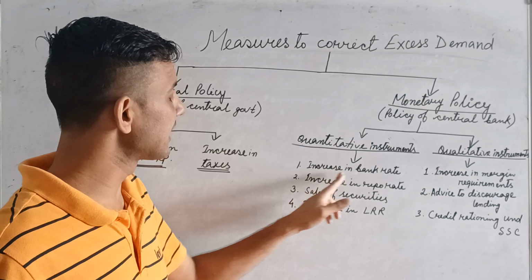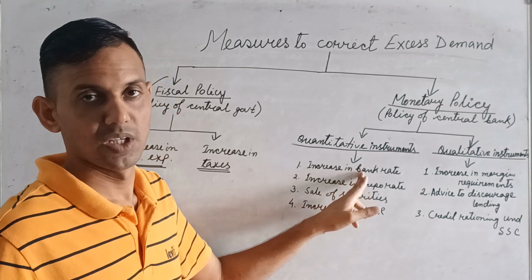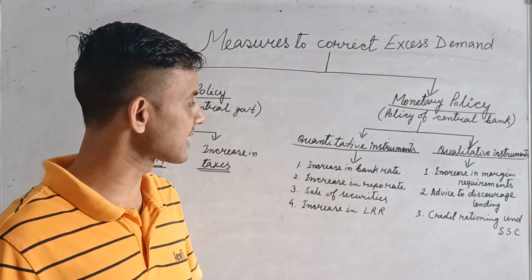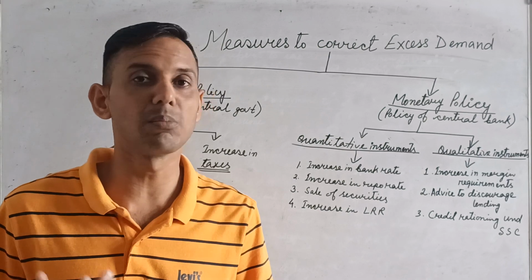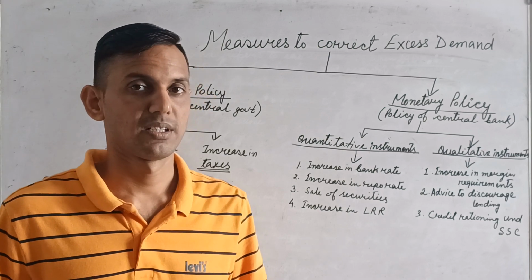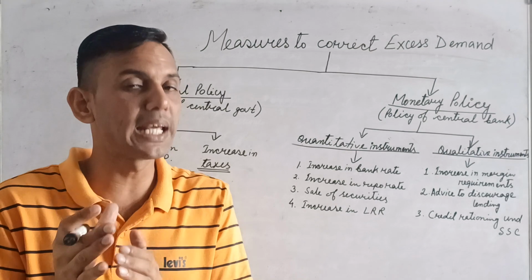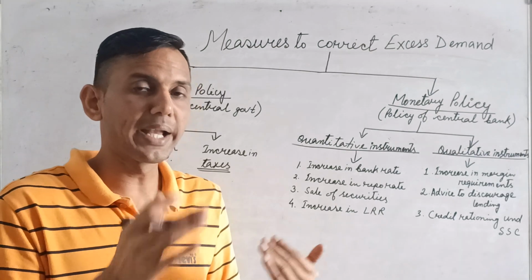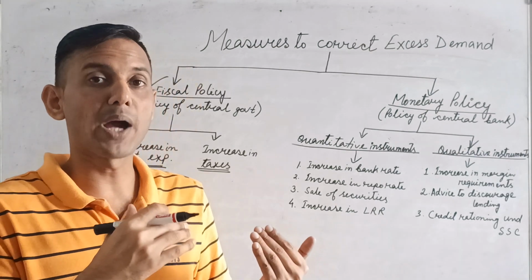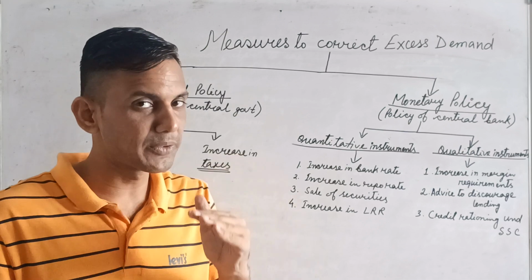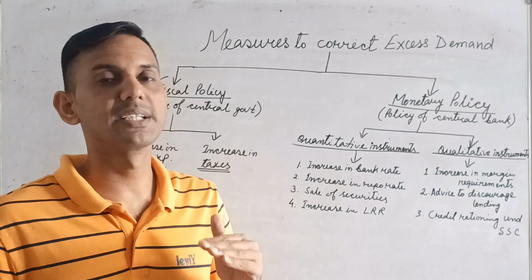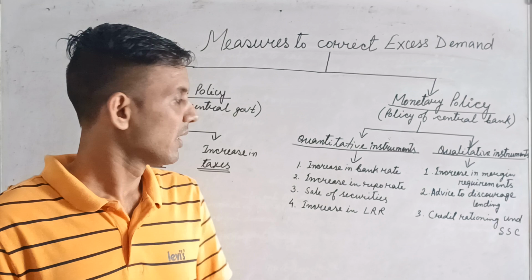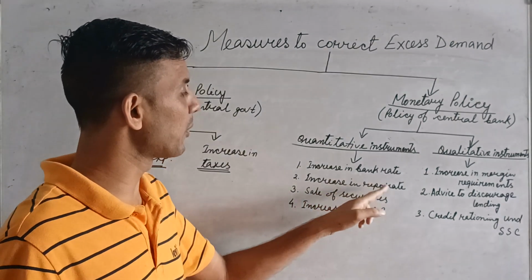In that case, increase in bank rate. When bank rate increases, then cost of borrowing for the commercial bank increases. And that's why they will borrow less from the central bank and they will not be able to provide more loan to the public. It can reduce this excess demand. The same thing, increase in repo rate also.